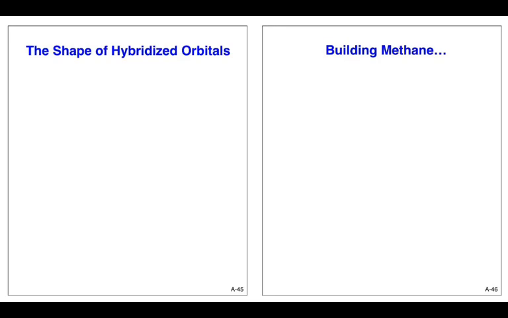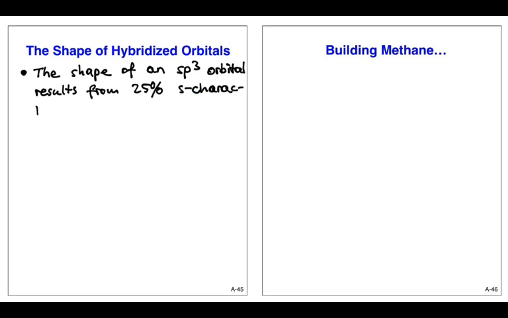Now, what does this hybridization process tell us about the shapes of these hybridized orbitals? Essentially, we've taken one 2s orbital and mixed it with 3 p orbitals. So that means the final resulting sp3 orbitals have 25% s character and 75% p character. That means an sp3 orbital looks mostly like a p orbital.